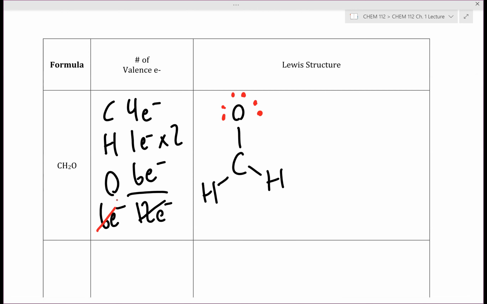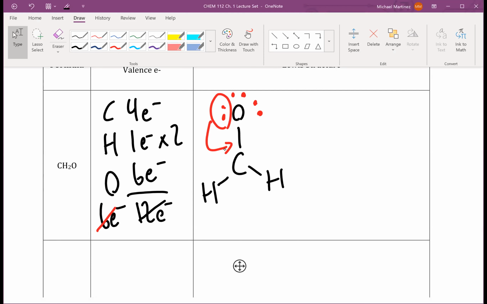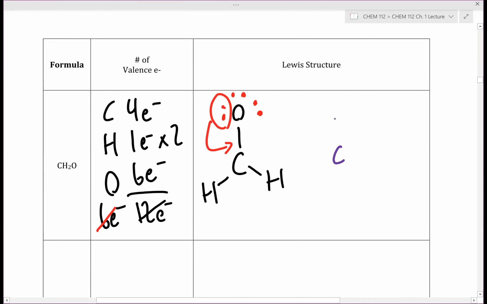So we are going to take one of these lone pairs and move it down to form a double bond. So let's draw our new revised structure with our double bond. Perfect. Now this structure follows the octet rule and is a correct and valid Lewis structure.